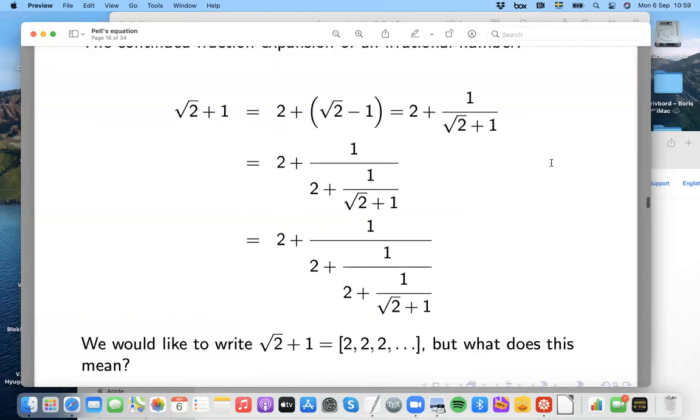For example, this is a very nice example, square root of 2 plus 1. So you split off a 2, and the remainder is the square root of 2 minus 1, which is about 0.41. You take its inverse, 1 over this thing.